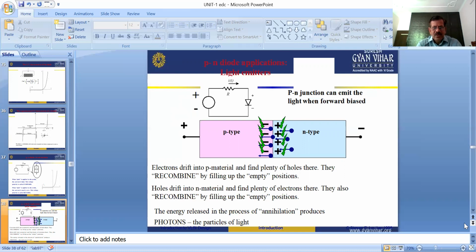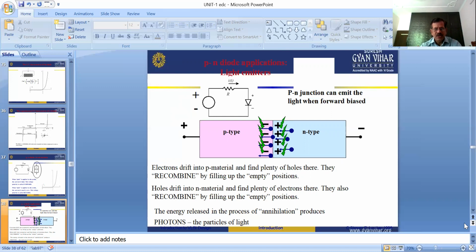Electrons drift into the P material and find plenty of holes there. They recombine by filling up the empty positive positions. Holes drift into the N material and find plenty of electrons there.